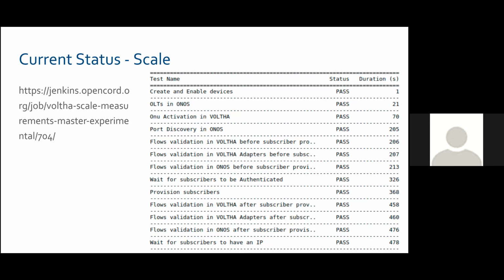I see. So 4,096 ports are reported by the ONUs, but only 1,024 are active. Yes. And how many OLTs? This is 2 OLTs. Yes, as always. Okay, thank you. Sure.